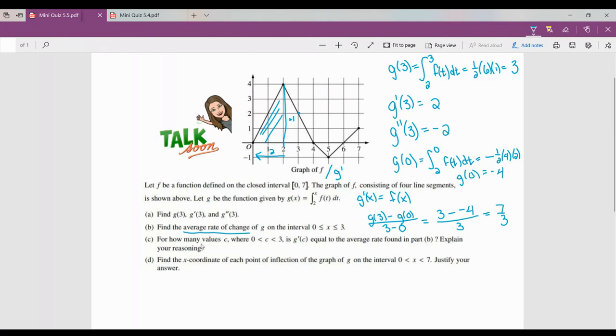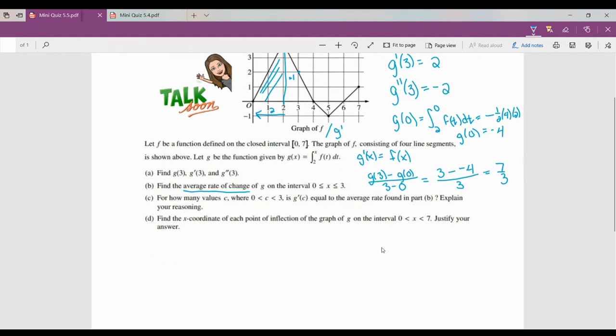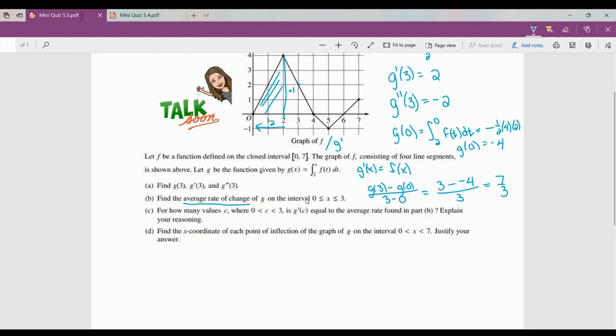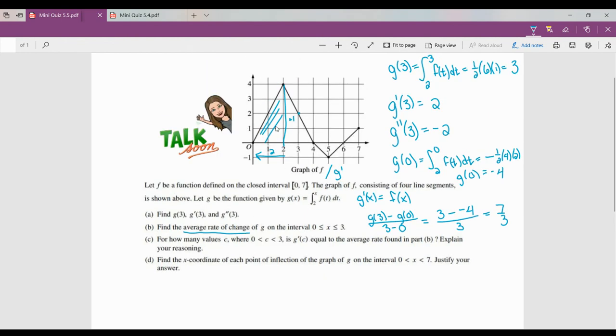For how many values c is g prime of c equal to the average rate found in part B? Okay. So g prime. This is my graph of g prime.